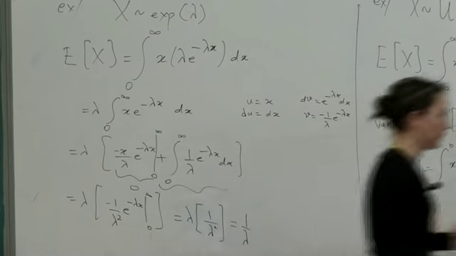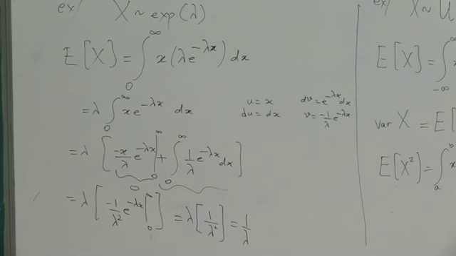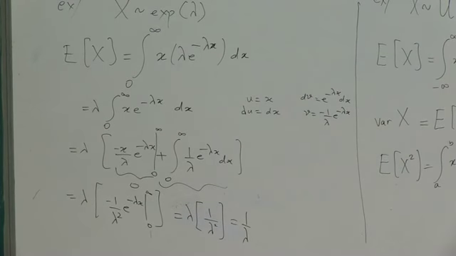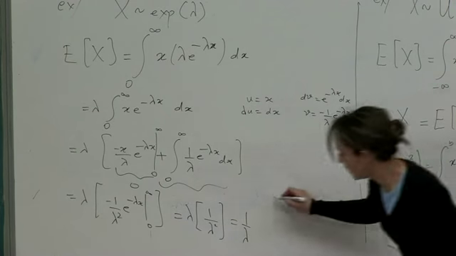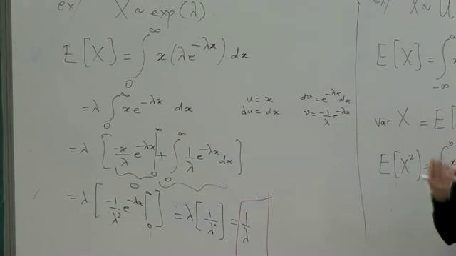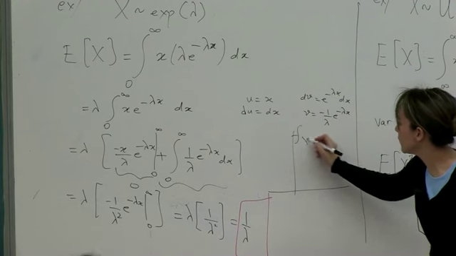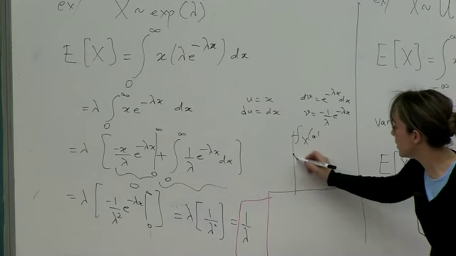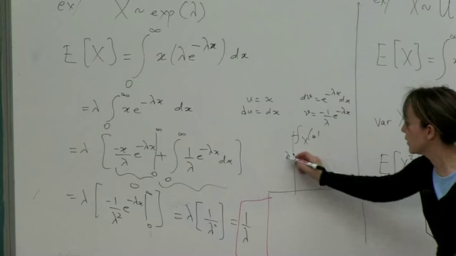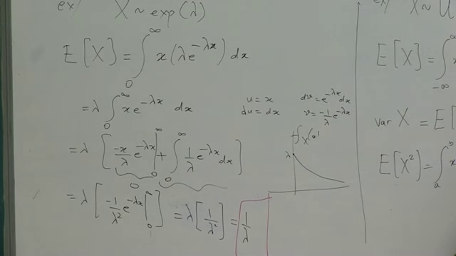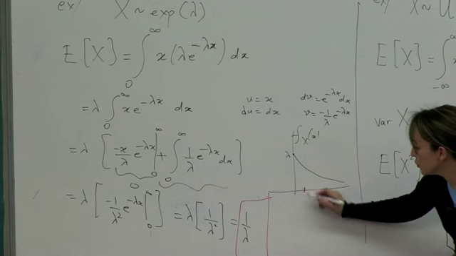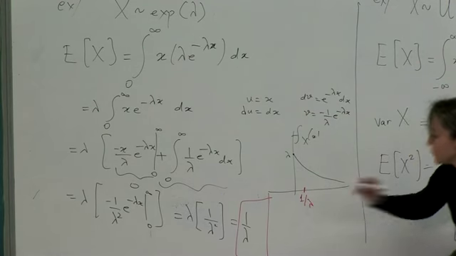Okay, so what did we find? We found the expectation of the exponential. Let's see if this makes intuitive sense. Let's remember our exponential f_X of x. It starts at lambda and decays. The expectation, which is the center of gravity, turns out to be 1 over lambda.